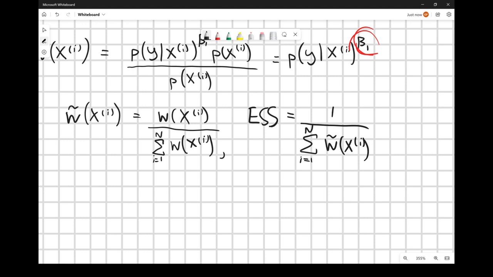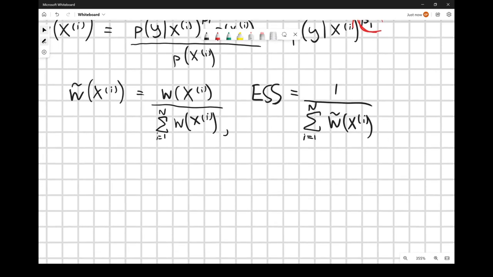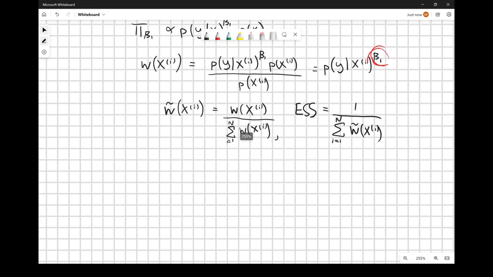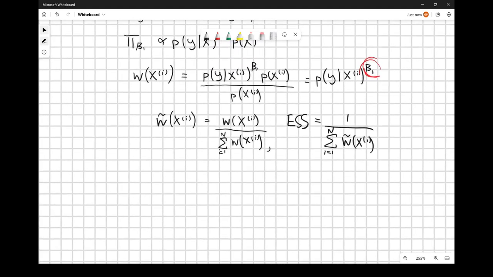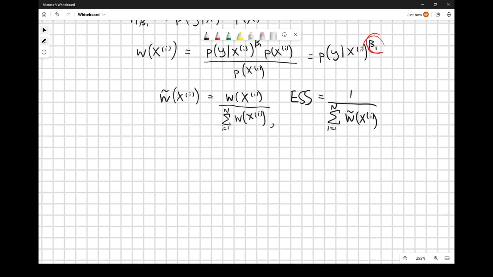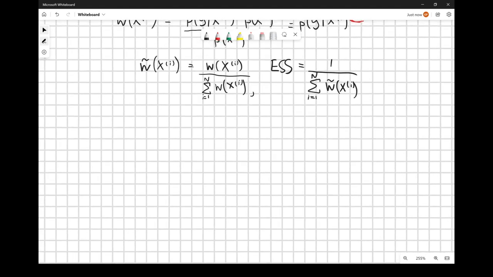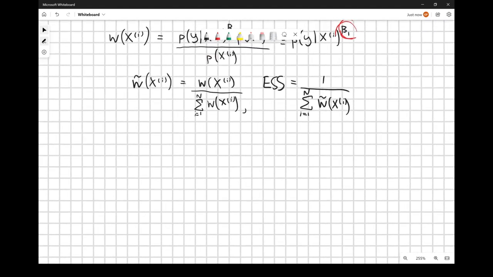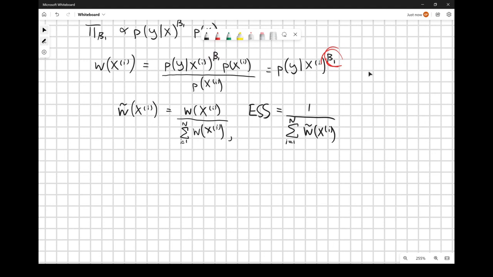The effective sample size is between 0 and 1, and it's a measure of how well our proposal distribution is generating samples that are representative of the target. If your proposal is equal to the target, which is obviously the ideal case, then the effective sample size is 1. And as your proposal becomes less representative of the target, then the effective sample size drops off to 0.